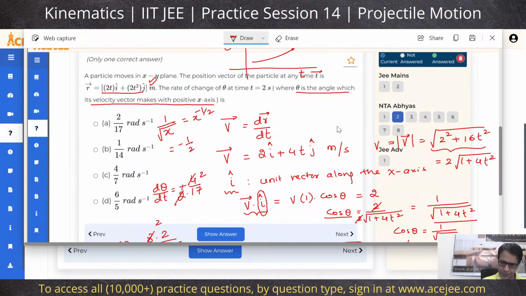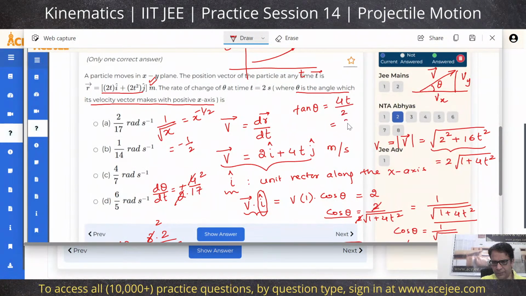So you said, this is the v vector, right? So you have some v vector. To find out the angle that it makes with the x-axis, what you do is you divide vy by vx. You could have written it here, tan theta is equal to 4t by 2.